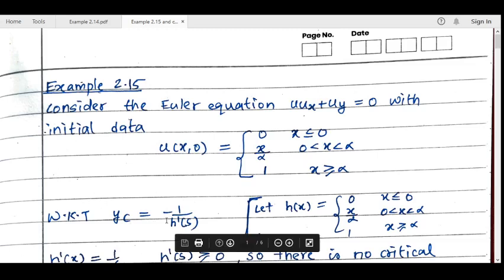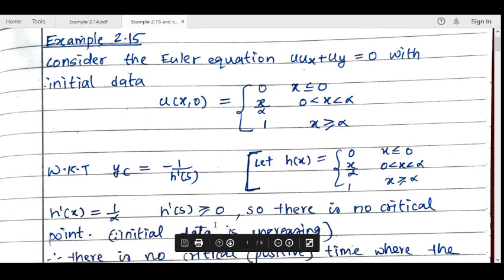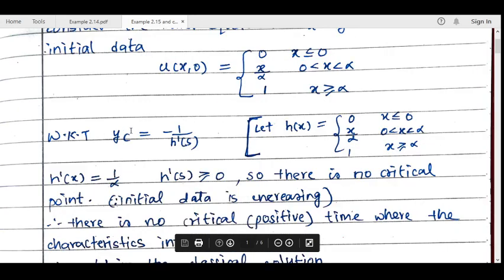Now the critical time y_c is minus 1 by h dash of s. As I already told, for y_c to exist, this h dash of s must be negative. So h should be decreasing. Now what is h here? h is this function. We denote this initial condition by h of x. h of x is this function: 0 for x less than or equal to 0, x by alpha for 0 less than x less than alpha, 1 for x greater than or equal to alpha.